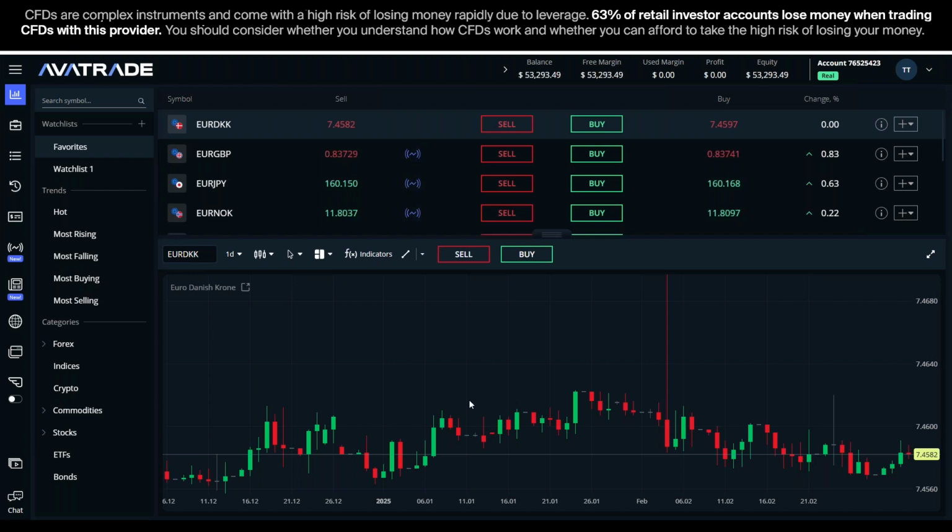Now we can take a look at the technicals to see how things are playing out, and we can compare some different instruments.